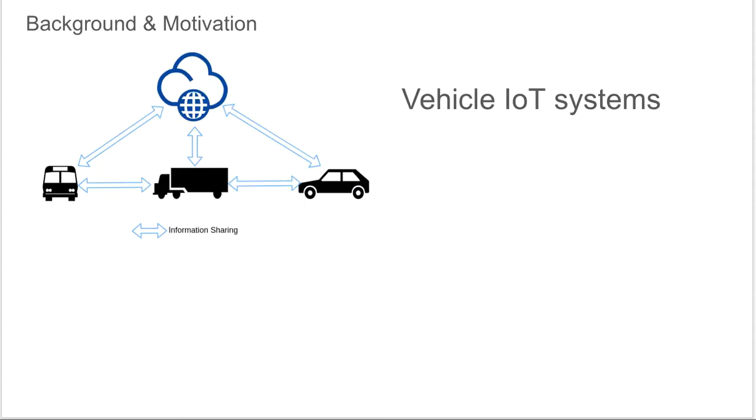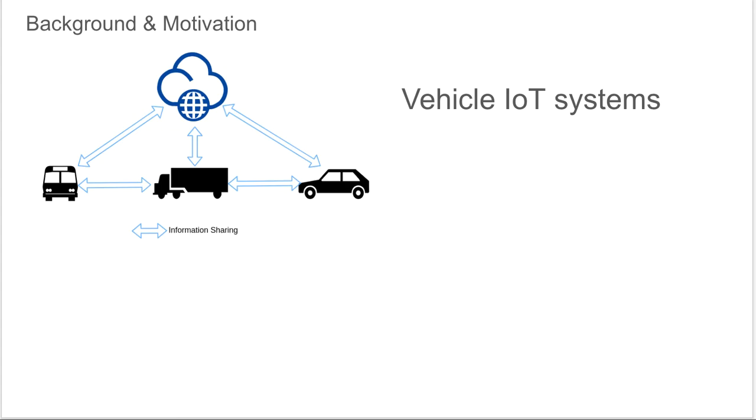This is a vehicle IoT system, which consists of different vehicles on the road and cloud servers. In order to achieve vehicle intelligence, the vehicles are normally equipped with different sensors, such as cameras and lidars.